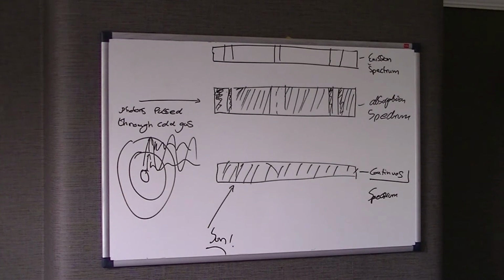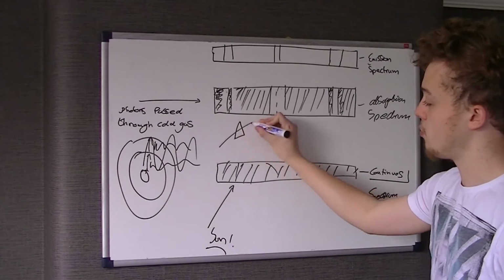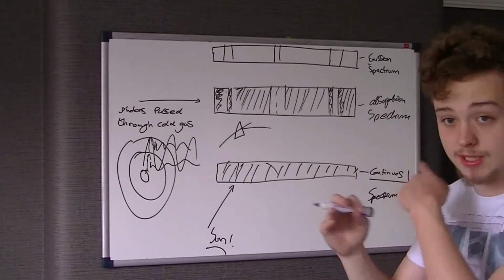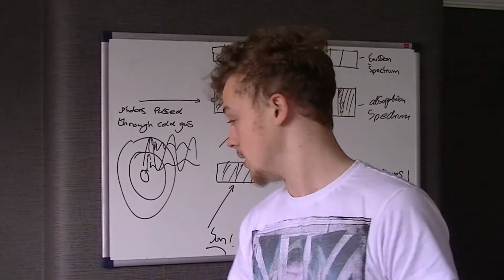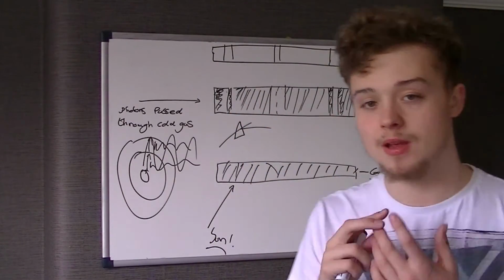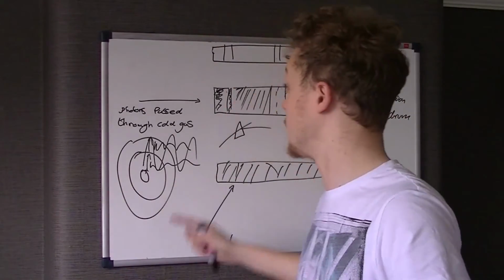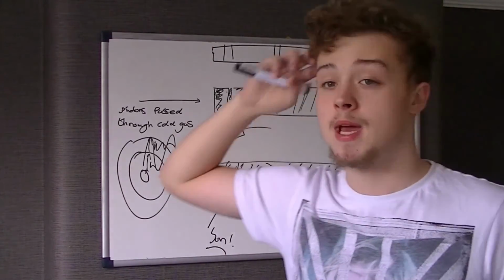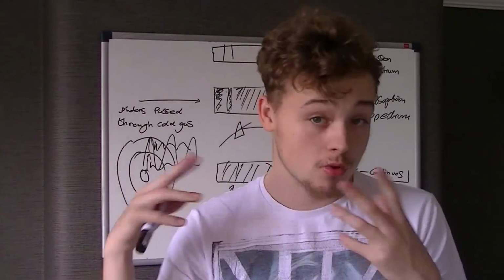Now all of these lights have been passed through a prism to split it up. We don't pull some lines out of thin air. So after the light goes through whatever it's going through, in the case of the emission spectrum, it would go through the hot gas, and then through the prism.